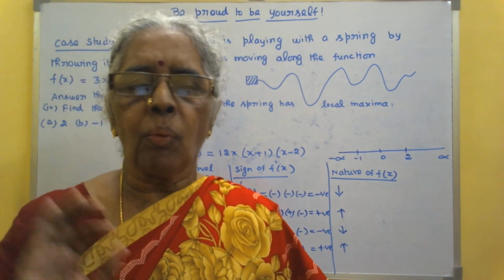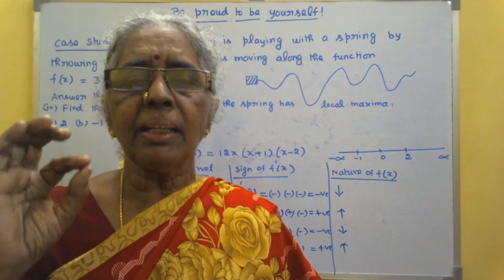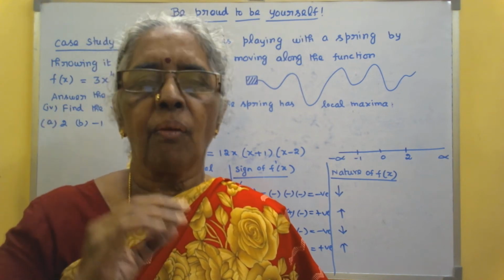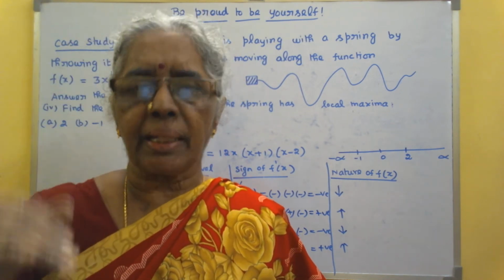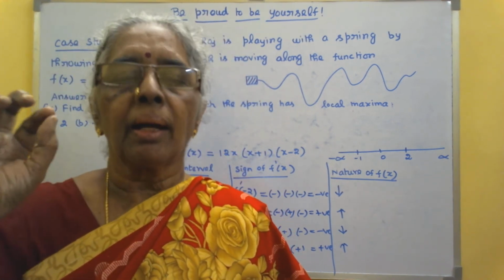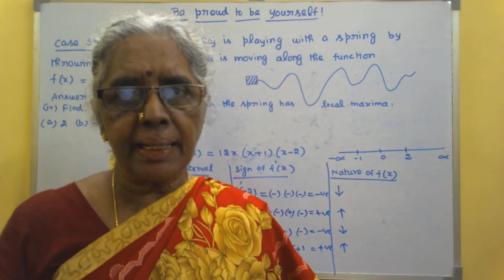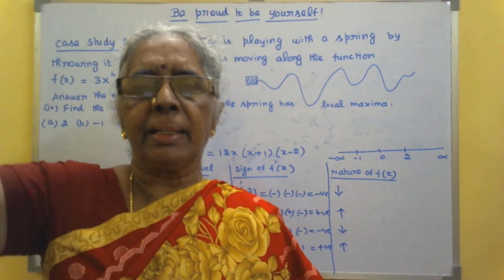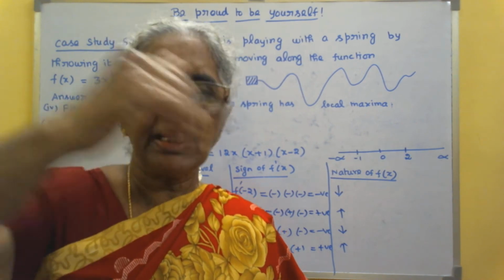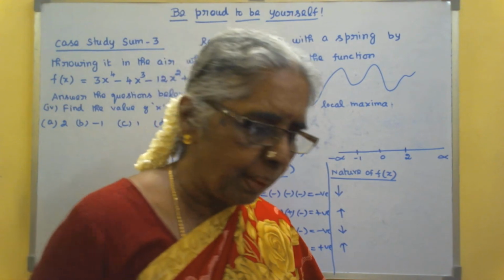So what is the first derivative test? I hope you remember. When the function changes from increasing to decreasing, that is from positive derivative to negative, that point is called a local maxima. When it changes from decreasing to increasing, that is from negative to positive, that point will be a local minima. Just remember this.